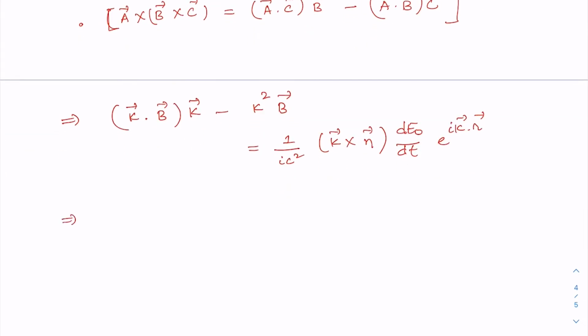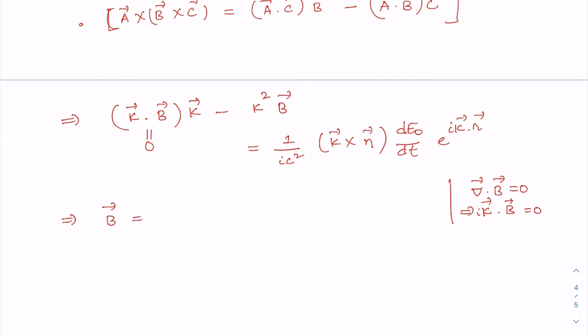And you see that k dot B is equal to 0 because of the fact that divergence of B is equal to 0, which I can write as i k dot B. So k dot B is equal to 0. So I can do a little bit of manipulation here.